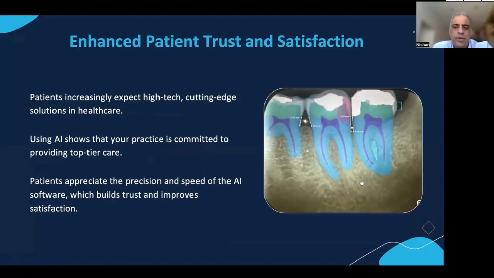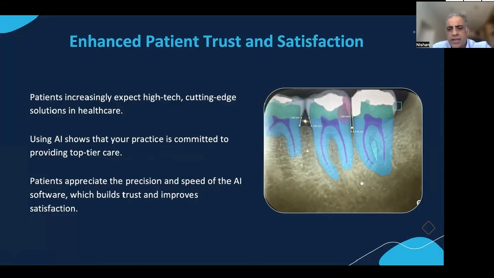So we find with our patients, all the patients now are very much tech savvy. They see things on social media, they read Google, so they know what's out there, they know what's available. They do expect a practice to be high tech now, and they want state of the art healthcare solutions and treatments.